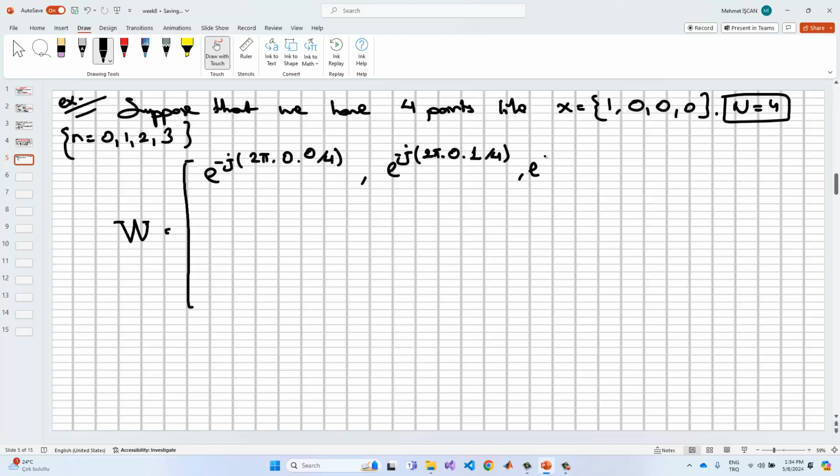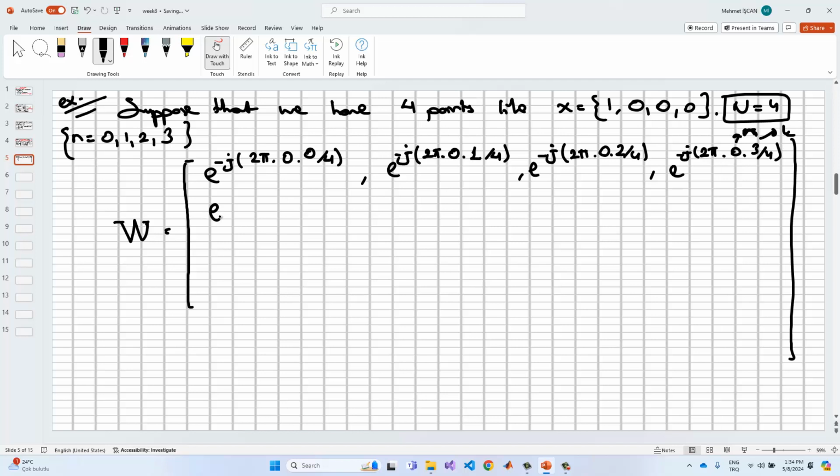And also e to the minus j 2 pi 0 times 2 divided by 4, and at the last term we have e to the minus j 2 pi 0 times 3 divided by 4. Okay, and so this is the n, this is the k.